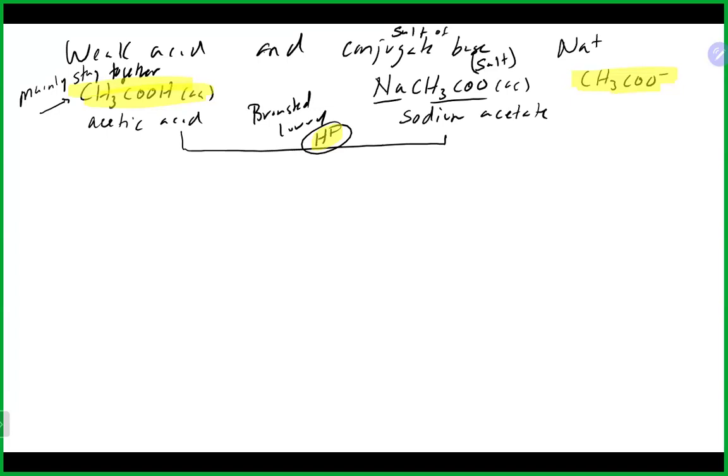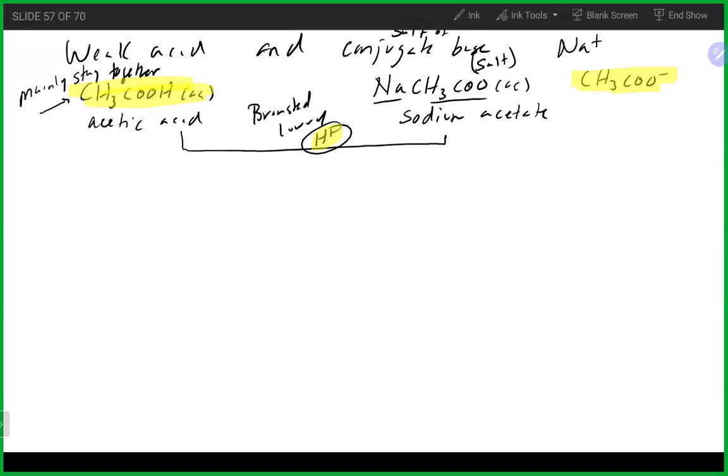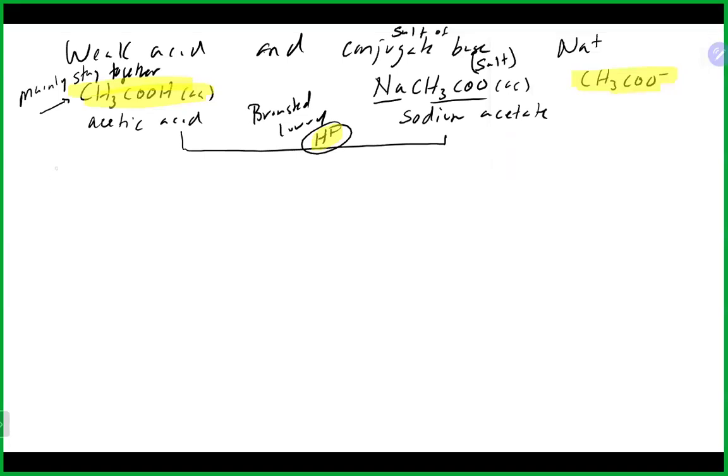So the purpose of a buffer and how it's able to work correctly is when you take both of those things, they are going to be in the beaker together. So what's really going to happen, for example, when you add your acetic acid in, because that is a weak electrolyte, that guy is actually going to set up an equilibrium in the beaker.